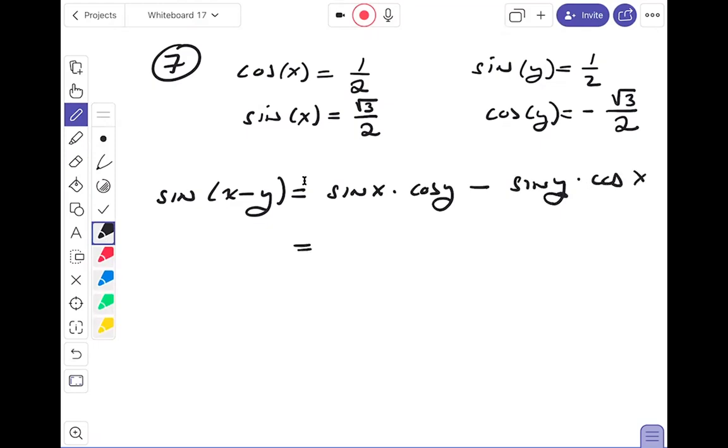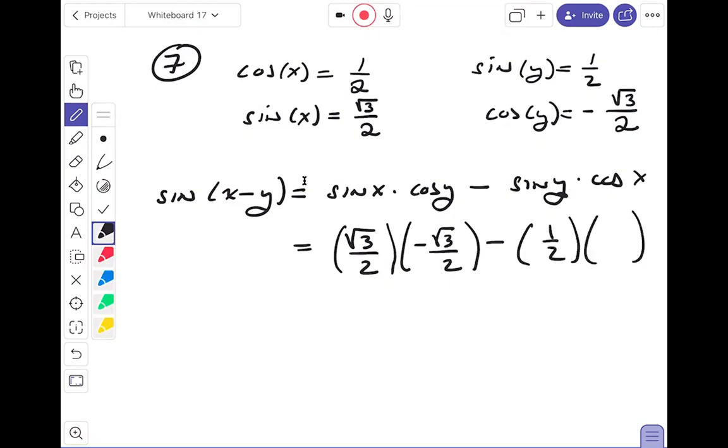What's the sine of x? Root 3 over 2. What's the cosine of y? Minus root 3 over 2. Minus, what's sine of y? 1/2. What's cosine of x? 1/2.